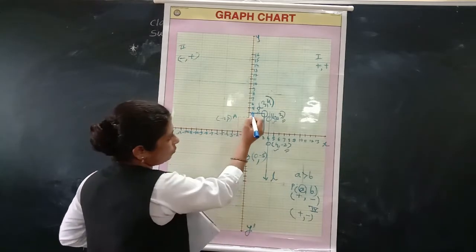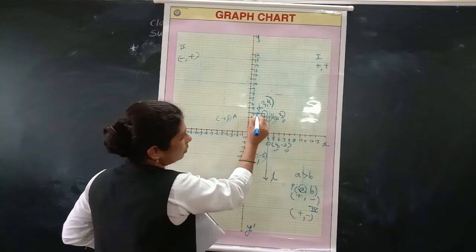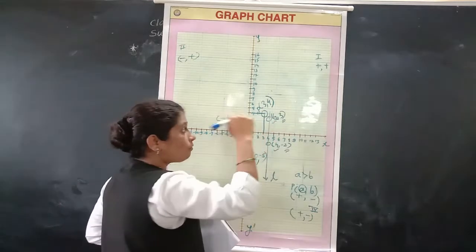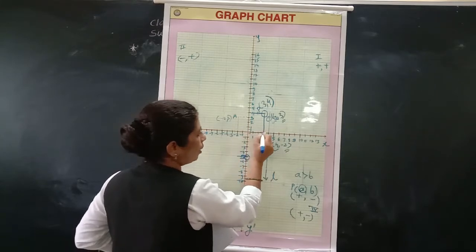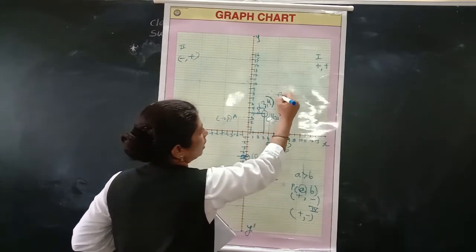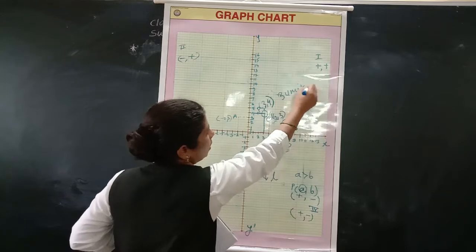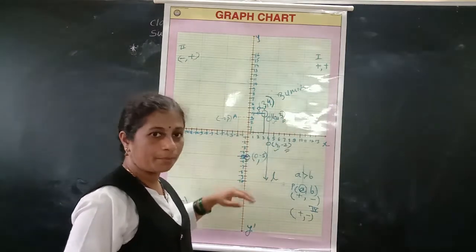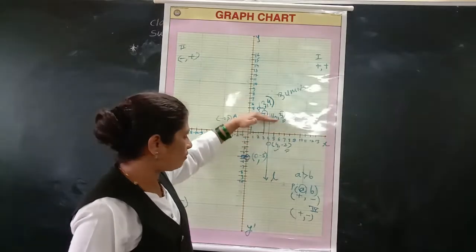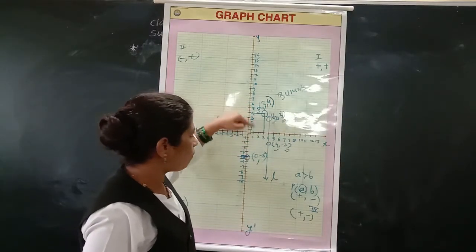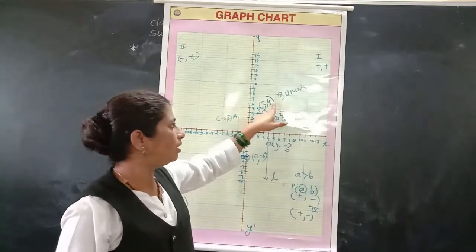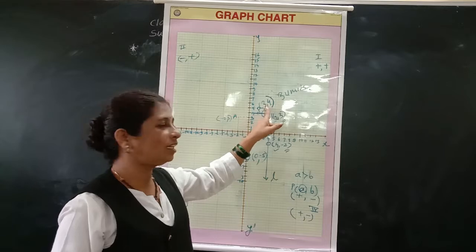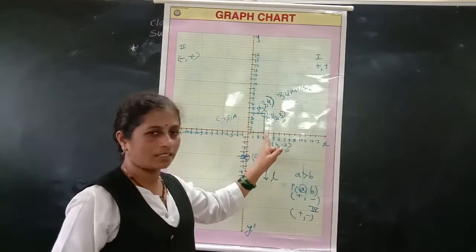So we count the distance 1, 2 and 3. In short, the perpendicular distance from the y-axis means we count the x value, so it is 3 units. The perpendicular distance from the x-axis will be 1, 2, 3, 4, so then we mention the y distance. And from the y-axis we mention the x distance. Understood everyone?